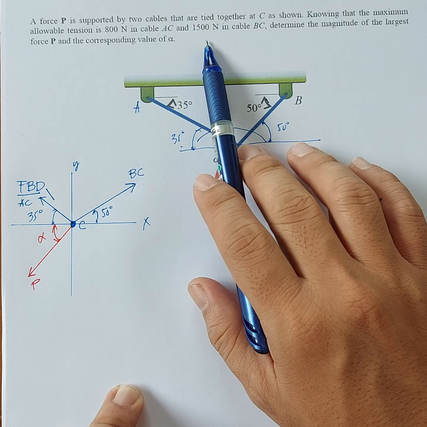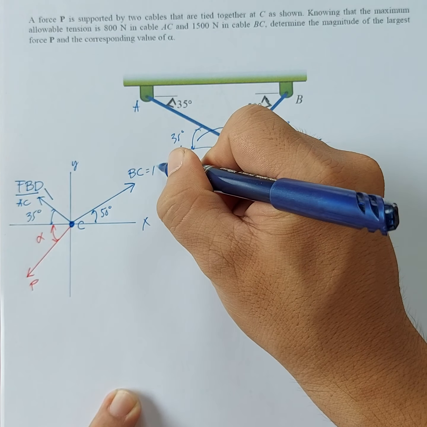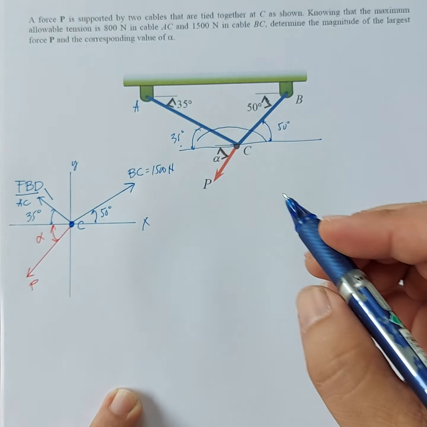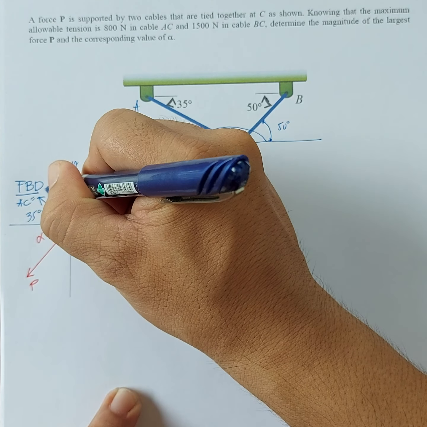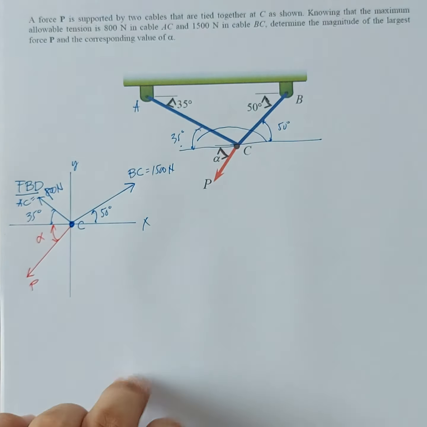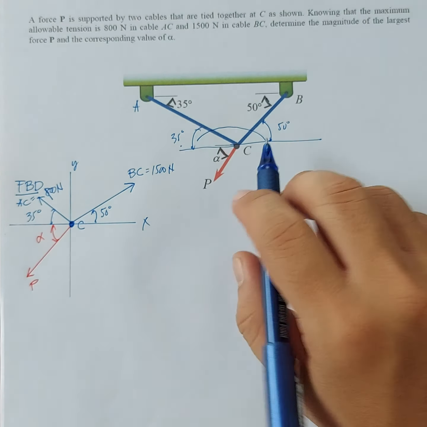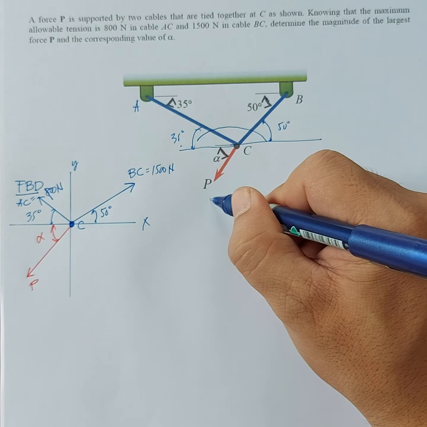BC can have a maximum allowable tension natin of 1,500 newtons. And AC can have a maximum of 800 newtons. Ayan. And then we are to solve for P here. So using the conditions of equilibrium, since this is a concurrent coplanar forces, 2 dimensions lang ito.